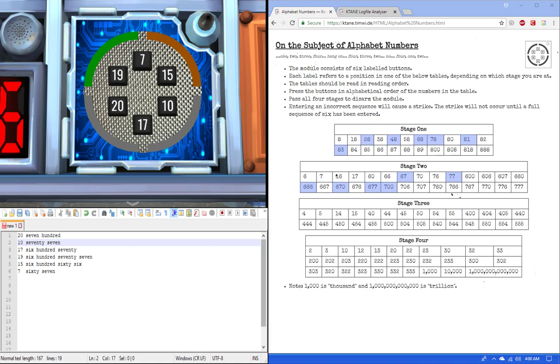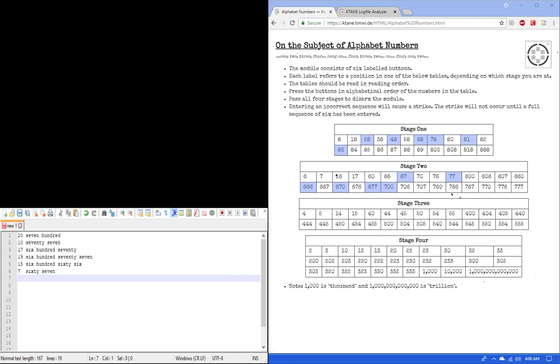Showing answer in 3, 2, 1. So what I got is 20, 10, 17, 19, 15, 7. So on your screen, I'm going to input the data here. Let's see, 20, 10, 17, 19, 15, 7.